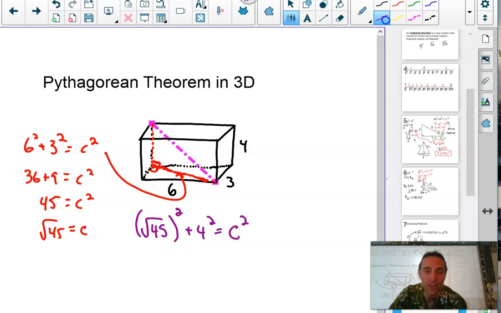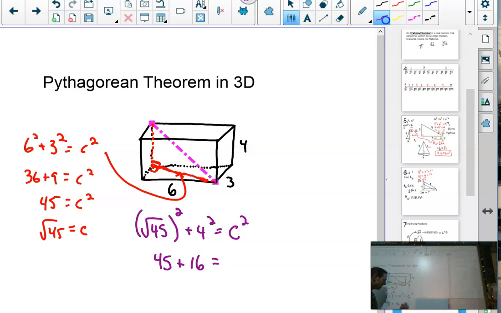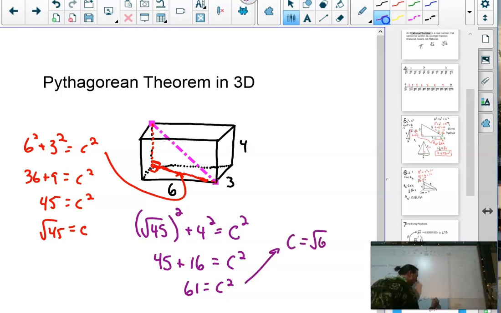So the square root of 45 times the square root of 45 is 45. 4 squared is 16. That's c squared. 45 and 16 is 61. C squared equals 61, so C equals the square root of 61.